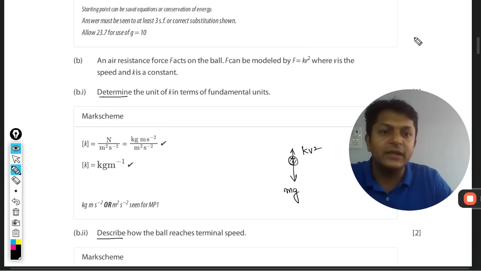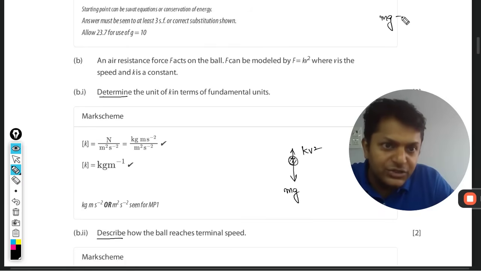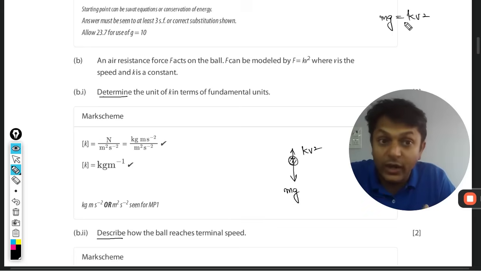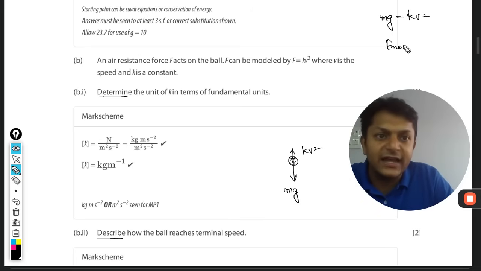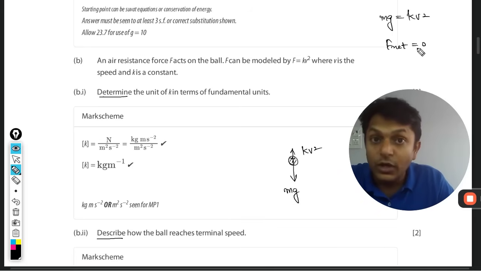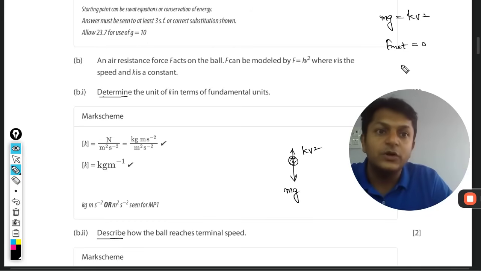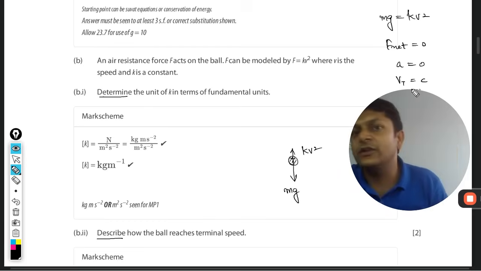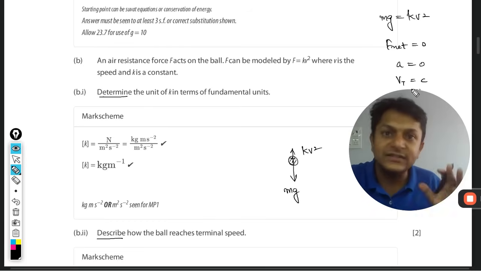There will be a moment when mg will be equal to kv square, and we can say that F net will become 0. Once F net becomes 0, the acceleration becomes 0 and the velocity with which it is moving becomes constant. That velocity is known as terminal velocity.